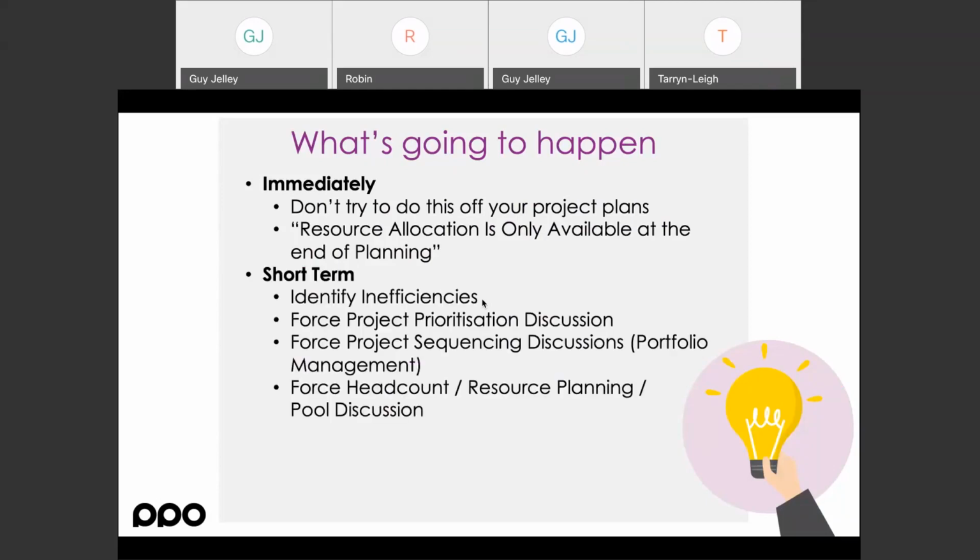The next set of things you're going to start to identify in the short term, which is going to come up in your discussion, I'm making you aware of now because it's stuff that we've seen. Maybe some of these are discussions you've already started having, or already addressed. That's awesome, but you're going to start to identify inefficiencies.